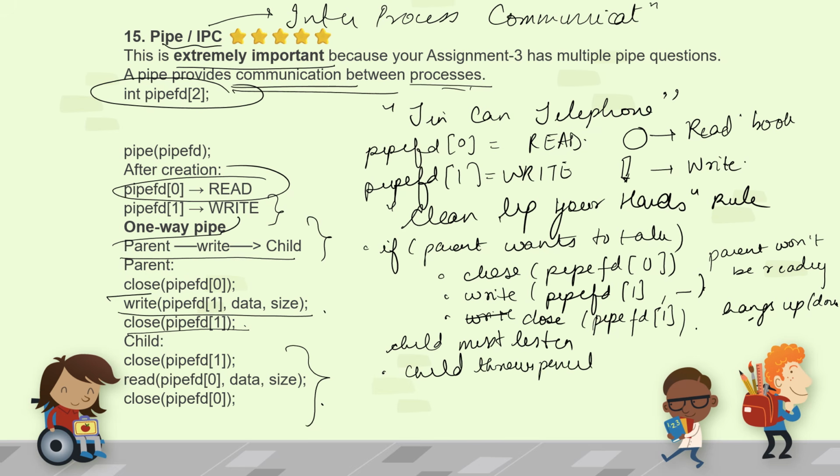That means it won't be writing anything, that is, close pipe FD of 1. Now, the child puts its ears to use, so it will read pipe FD of 0.